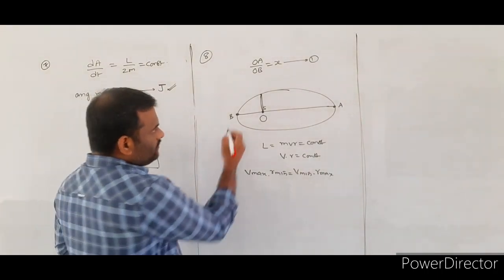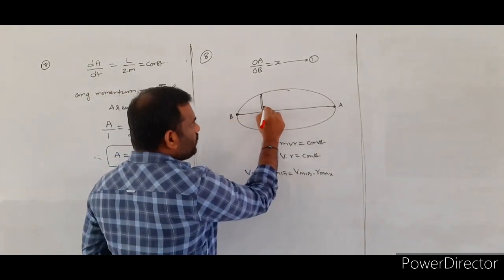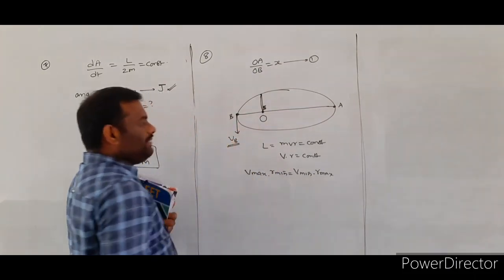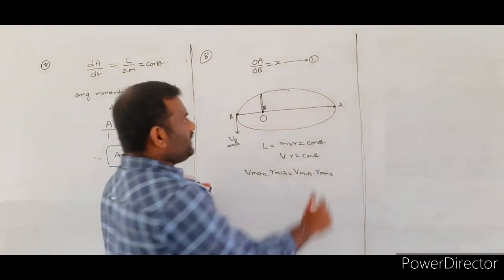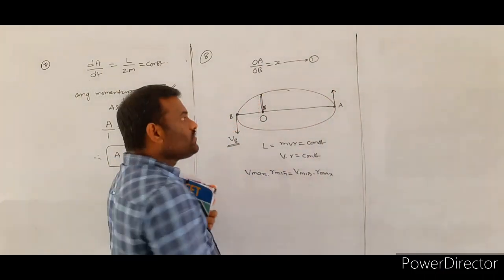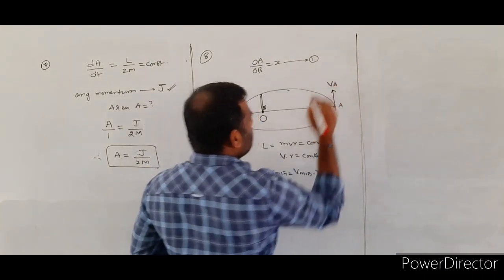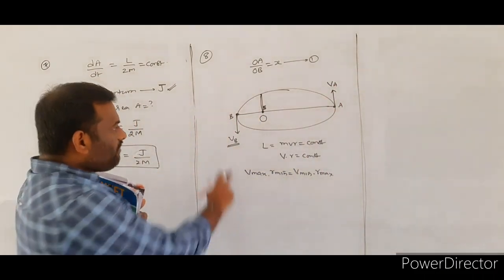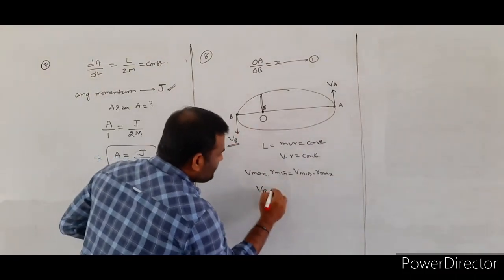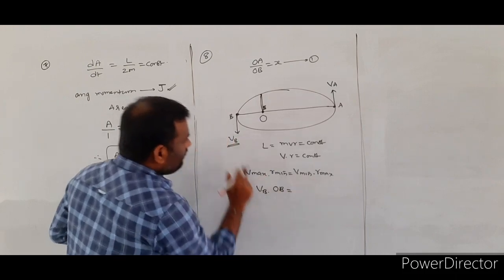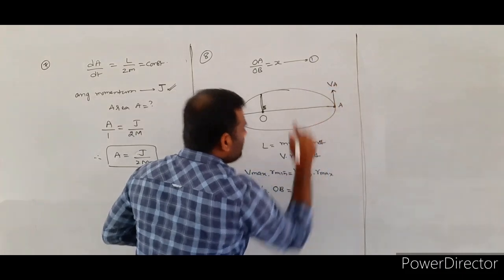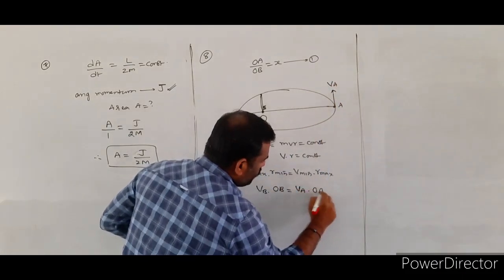From the given diagram, the point B is closer to the sun, so at the point B the speed will be maximum, and the point A is far away from the sun, so at the point A the speed will be minimum. So we write VB into the distance OB is equal to VA into OA.